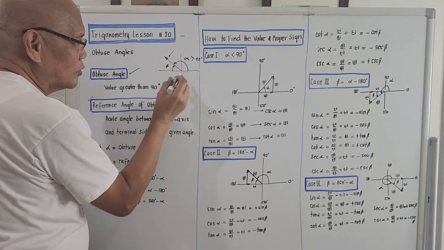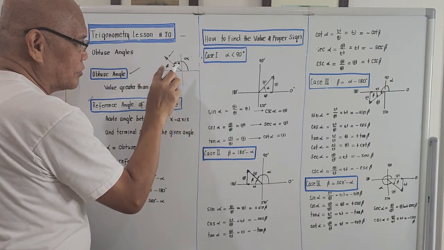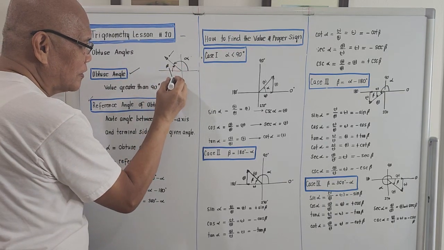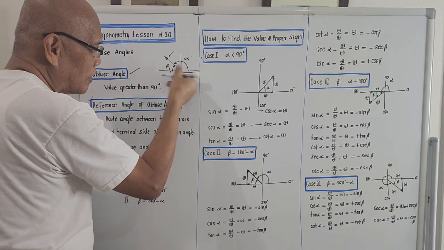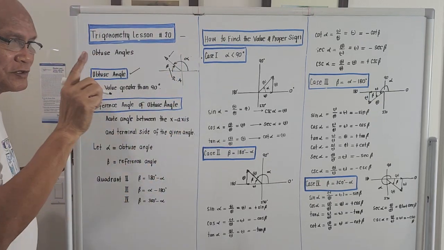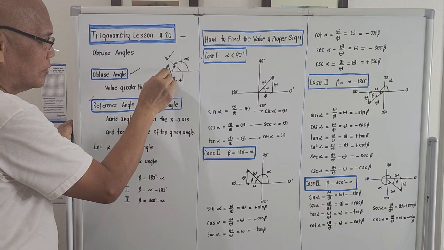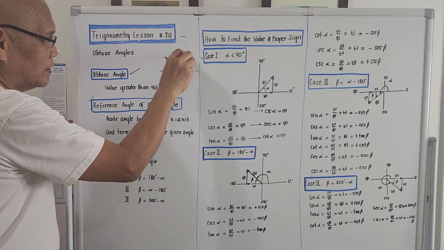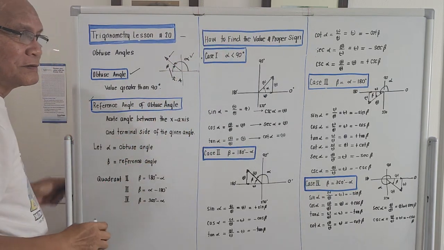So if this is alpha, its reference angle is actually beta. We needed this value here just to bring out the correct value of the 6 trigonometric functions of this alpha, with the proper sign.